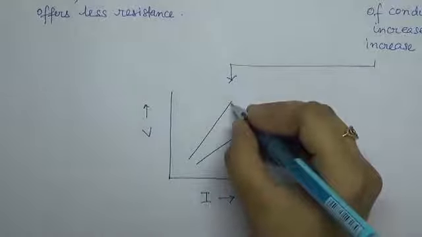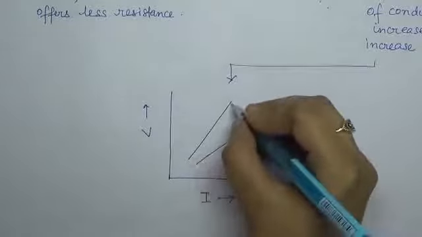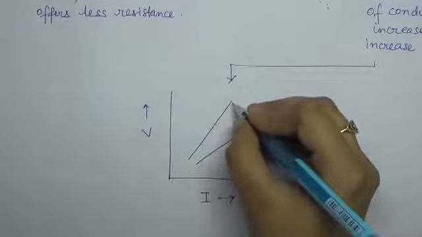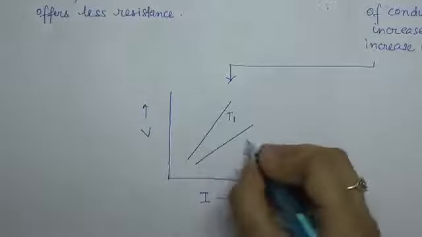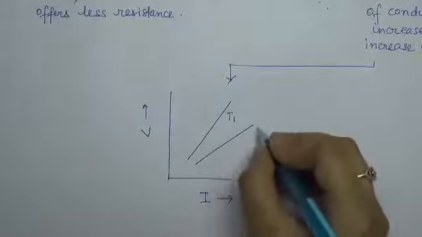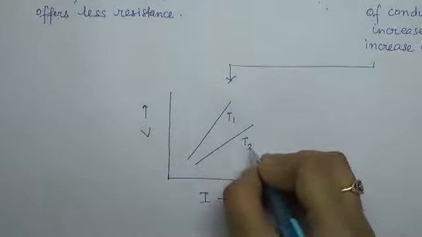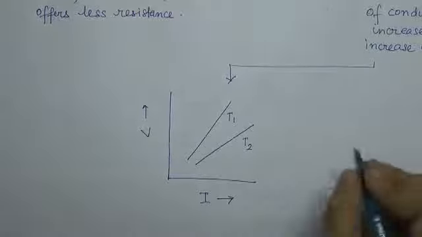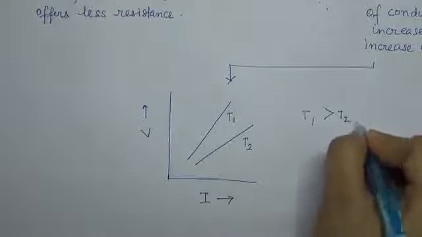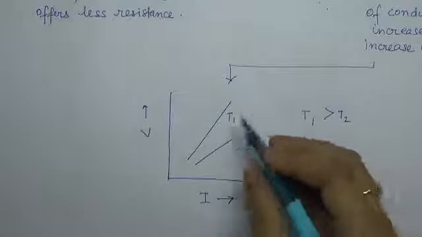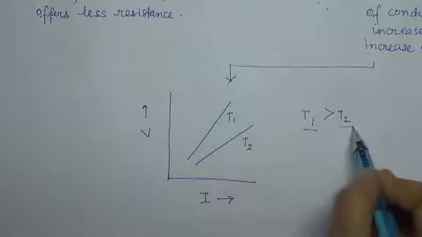This is a straight line, the slope of which will give the resistance at temperature T1. And the slope of this will give the resistance at temperature T2, in such a way that T1 is greater than T2.